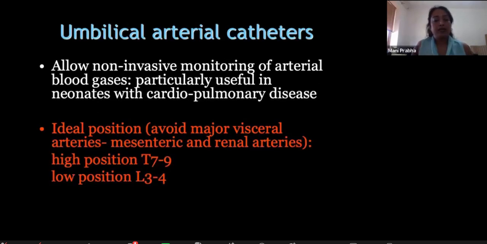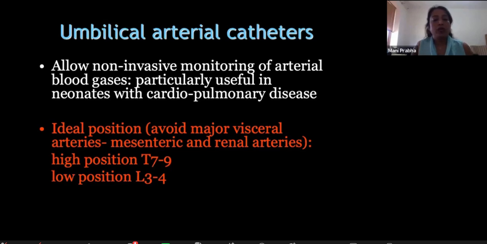Umbilical arterial catheters allow non-invasive monitoring of arterial blood gases, particularly useful in neonates with cardiopulmonary disease. An ideal position of the arterial catheter is the high position, which is the preferred position because they are retained very well there. It is between T7 to T9, and there is a low position also if they cannot reach the high position. Low position is L3 to L4.